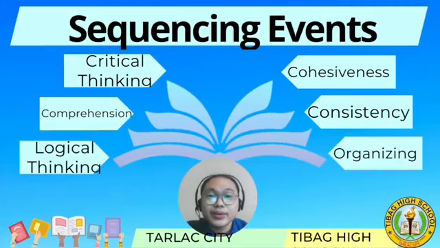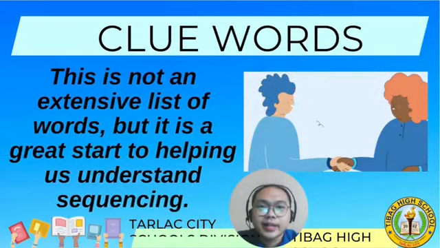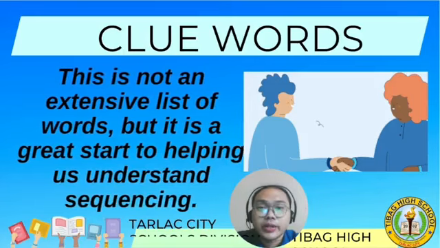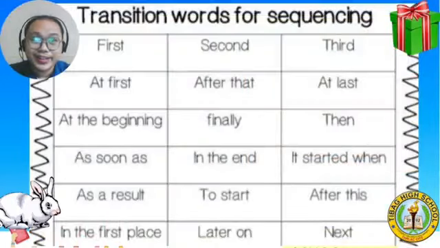In sequencing events, we use the following: critical thinking, cohesiveness, comprehension, consistency, logical thinking, and organizing. Clue words is not an extensive list of words, but it is a great start to helping us understand sequencing. Now, let's take a look at the different transition words used for sequencing.